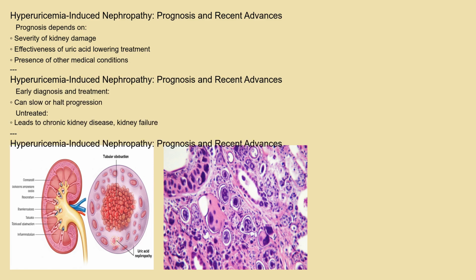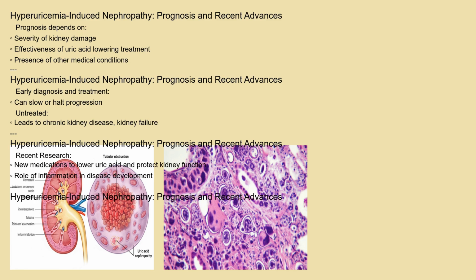Recent research is focusing on developing new medications that are more effective at lowering uric acid levels and protecting kidney function. Studies are also investigating the role of inflammation in the pathogenesis of the disease and exploring potential therapeutic targets to reduce inflammation and prevent kidney damage. Advances in early detection and treatment strategies offer hope for improved outcomes for individuals with this condition.